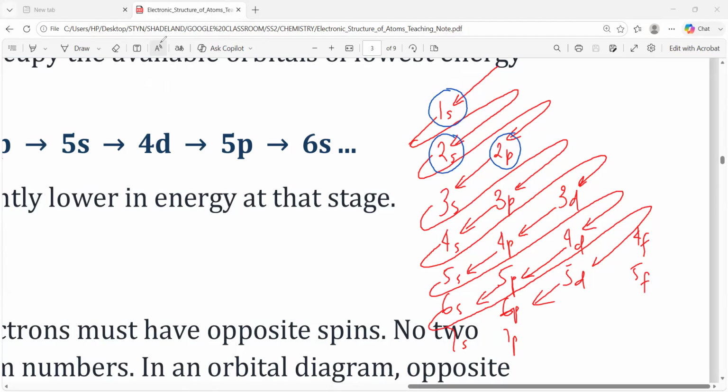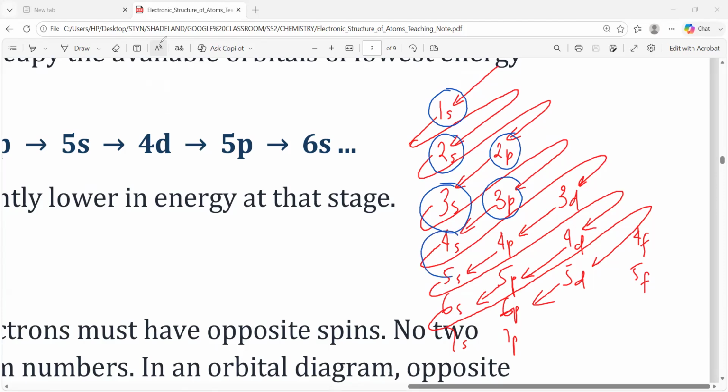And when we now come to 3s, how many can it carry? 2. Very good. What about 3p now? How many will it carry? 6. It's still 6, as long as it is p. It doesn't matter whether it's in shell 2 or shell 3. It is still 6 electrons.